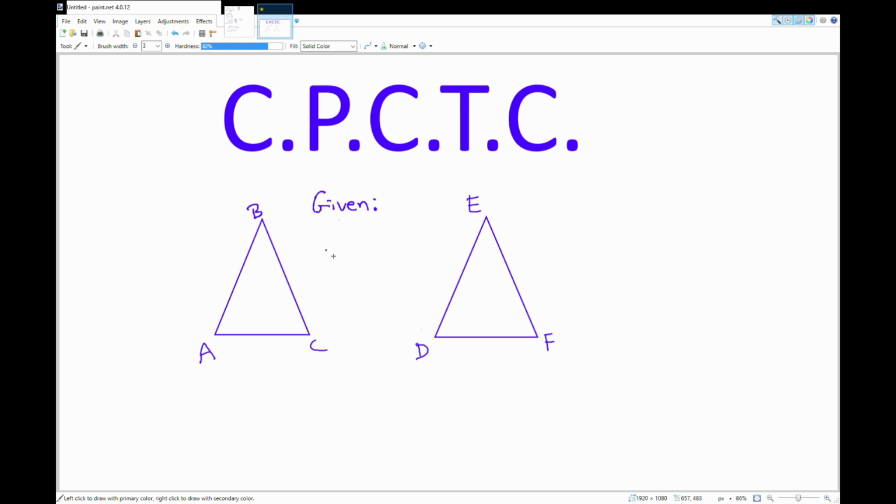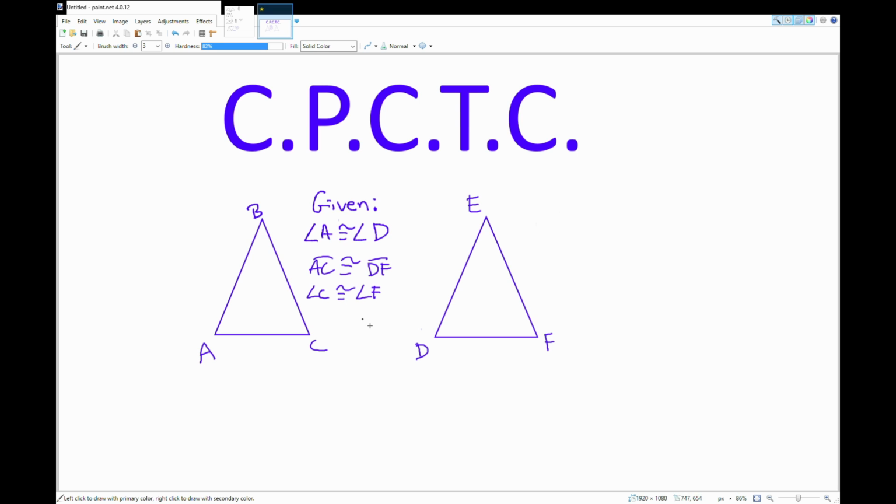Given, let's say angle A is congruent to angle D. Line segment AC is congruent to line segment DF. And angle C is congruent to angle F.